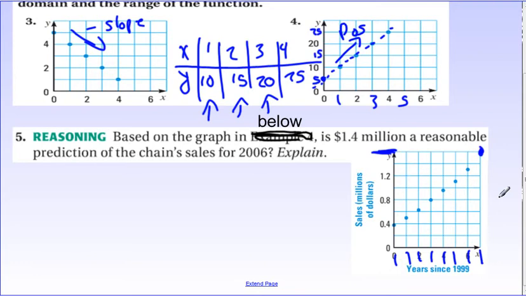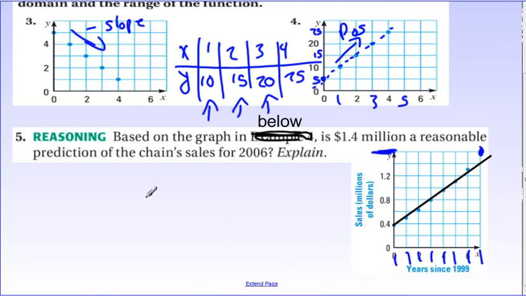Well, look at the pattern. Look at how the dots are going. Would it make sense for the dot to be up here? If we even got like a straight edge, and followed the lines, does that dot match what most of the other dots are doing?